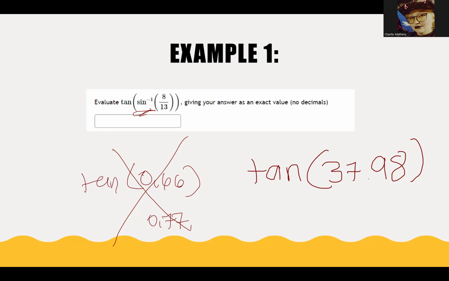And then, of course, you have to make sure to put your degree symbol in there, because otherwise it'll take it to mean something totally different. You should know where the degree symbol is on your calculator, so I'm going to go ahead and do that too.